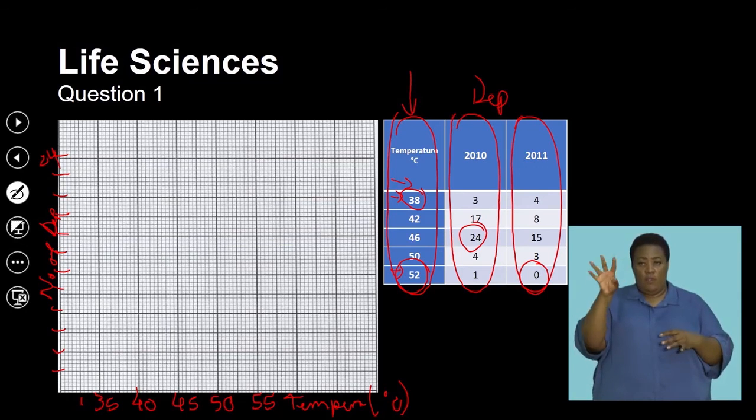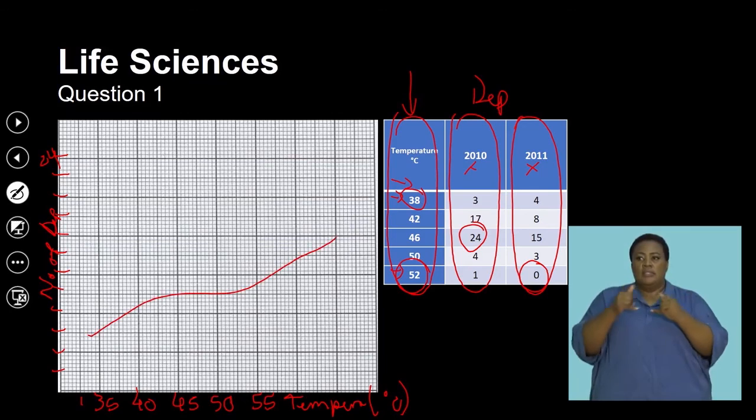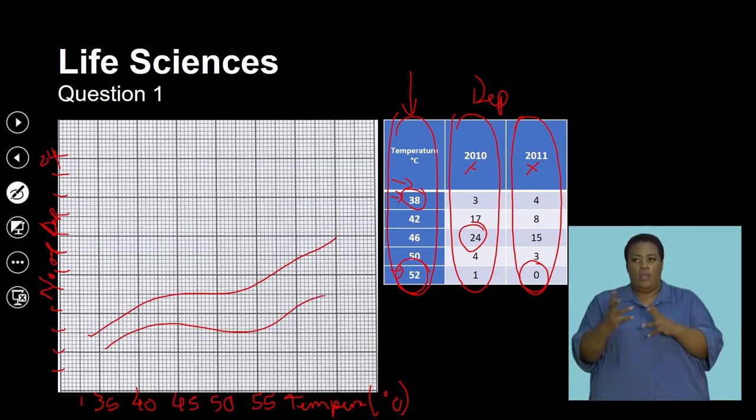I would then have to plot these. But interestingly enough, you've got to remember that when looking at this, you've got 2 sets of lines. If I were to quickly plot this before we end, it would give you 2 lines, and those lines would show you the trend.